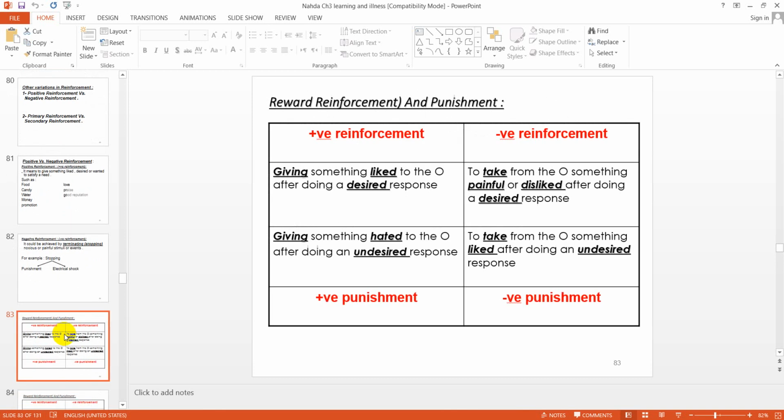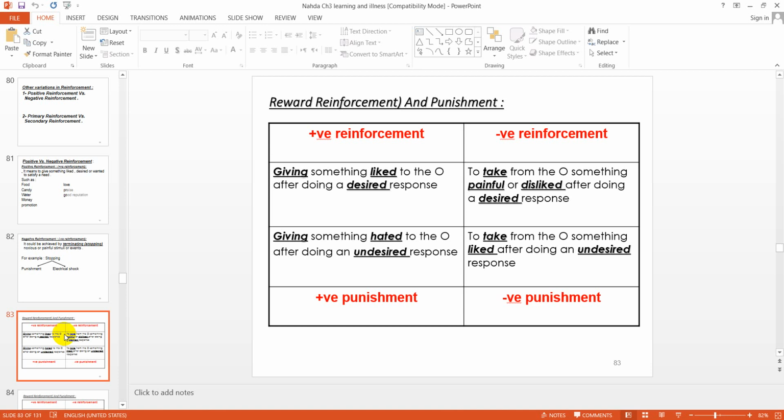And we have to know the difference between positive reinforcement, negative reinforcement, positive punishment, and negative punishment. As we said before, we have some keywords: give, take, like, dislike, desired, undesired. In positive reinforcement, you give something liked to the organism after a desired response.